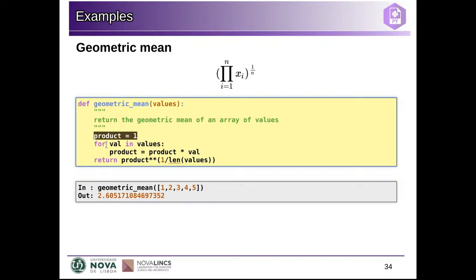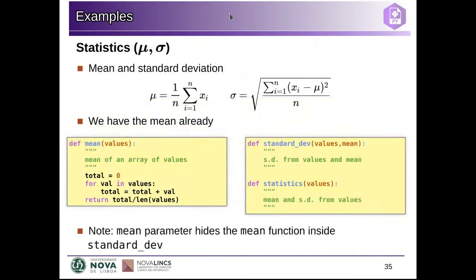But we do the same thing. We loop through all the values. We multiply the product we have so far by each of the values and store it back in the product. And then we compute the nth root of this, where n is the number of values that we have. So this would be an example for computing the geometric mean.